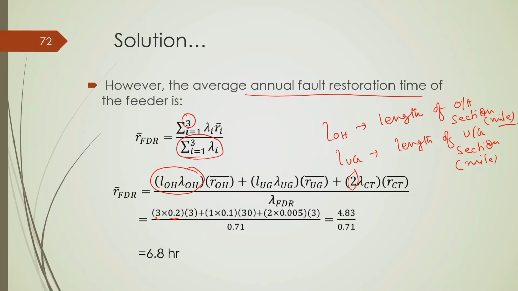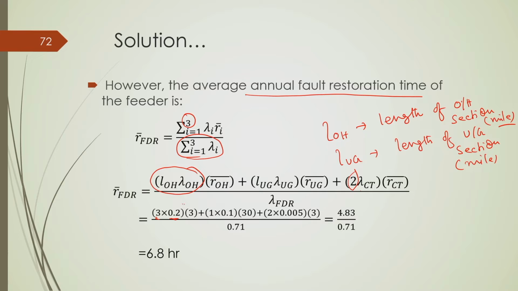Now, for cable termination, you know that it is lambda CT multiplied by R CT, and since there are 2 identical cable terminations having identical failure rate and repair duration, we can multiply it by a factor of 2.